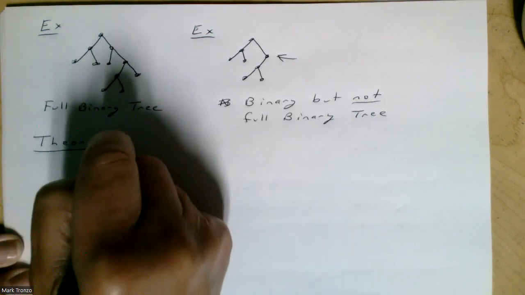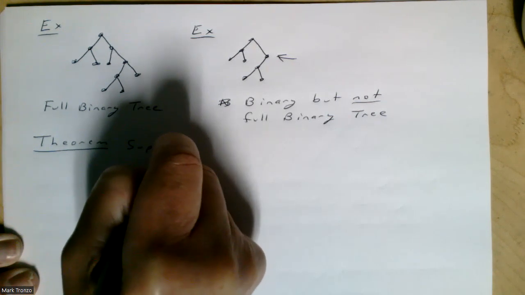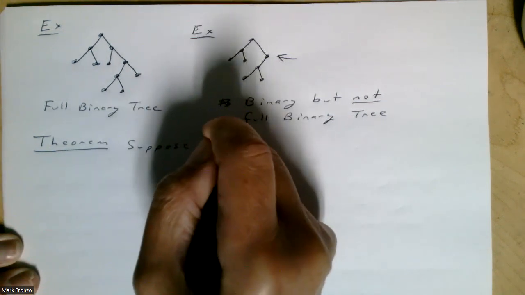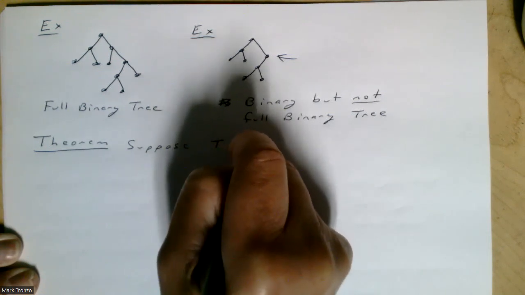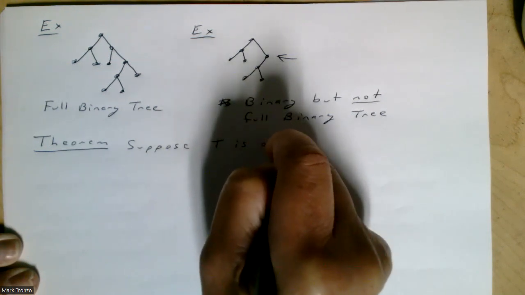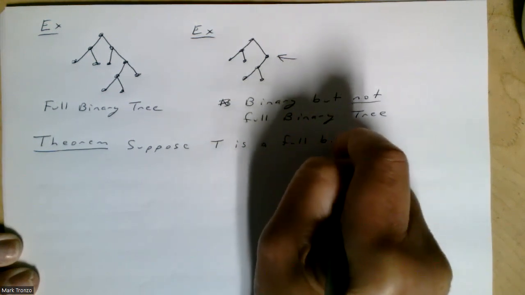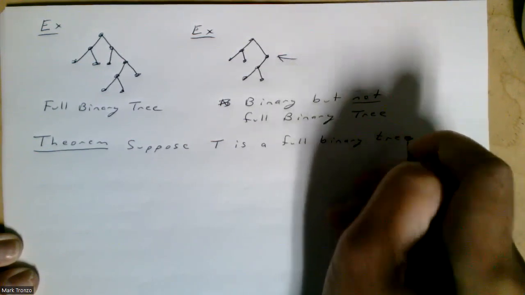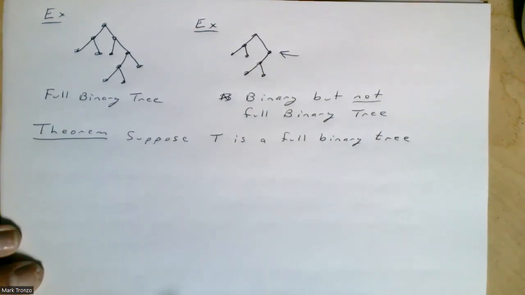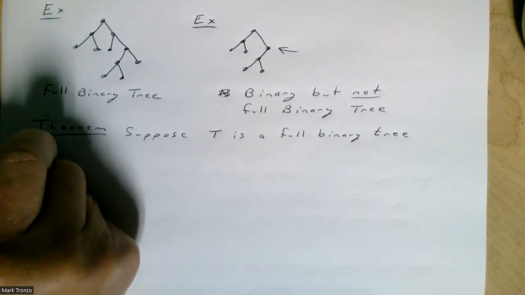Suppose T is a full binary tree with K internal vertices.